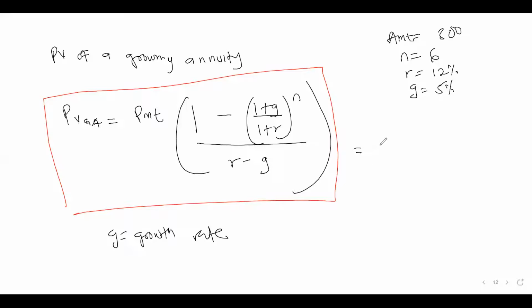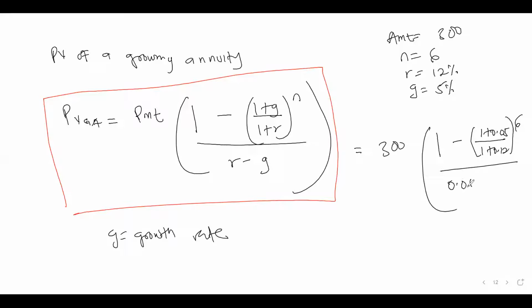So putting it here, we have 300 multiplying by 1 minus 1 plus 0.05 all over 1 plus 0.12 raised to the power 6 all over 0.12 minus 0.05.